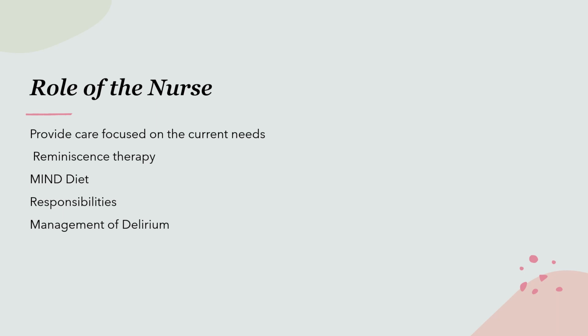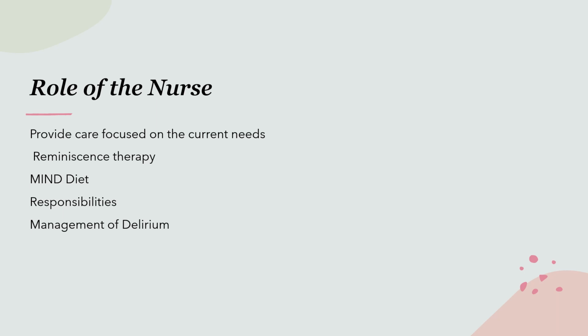All right, so now we're going to look at the role of the nurse and some interventions that we can do. The nurse needs to provide care focused on the current needs of the patient, their stage of decline, and individual issues. Early on, reminiscence therapy is very beneficial. That's something I'm going to want y'all to know.